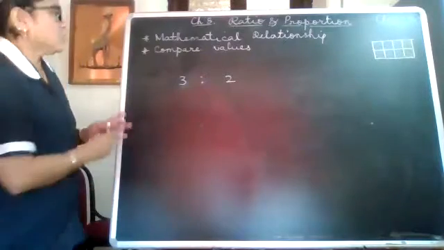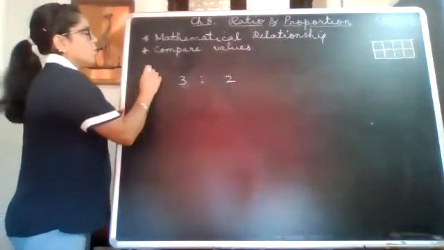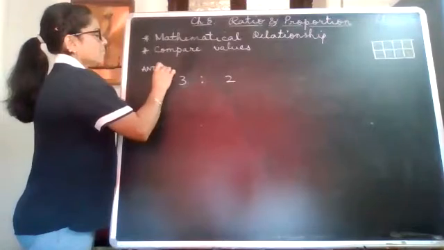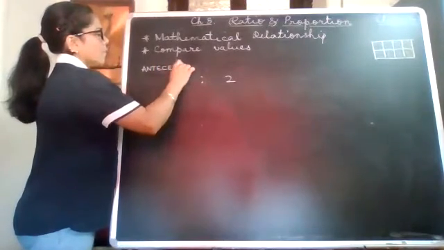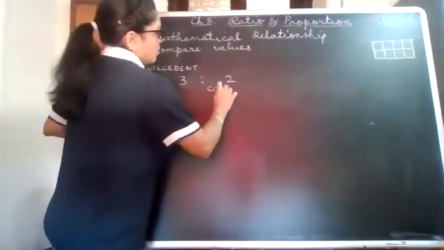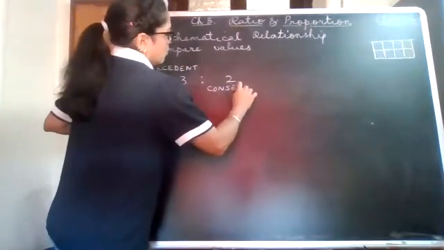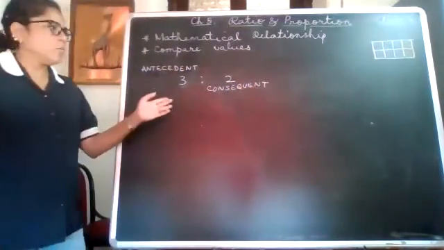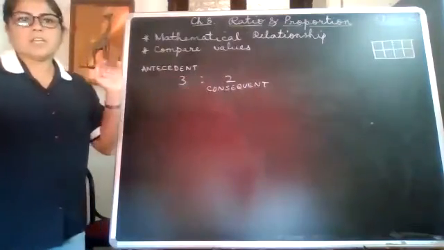So in this ratio, the first term is called the antecedent. And the second term is called the consequent. So this is the name of the 2 terms of the ratio.